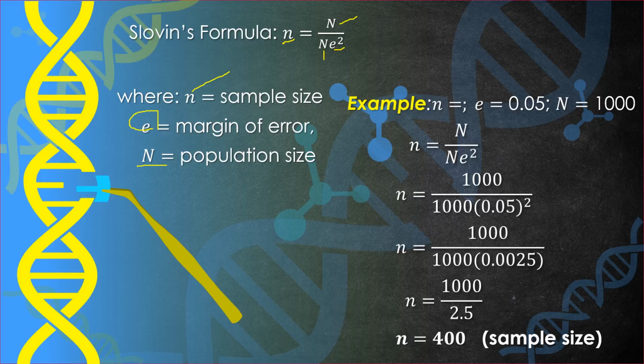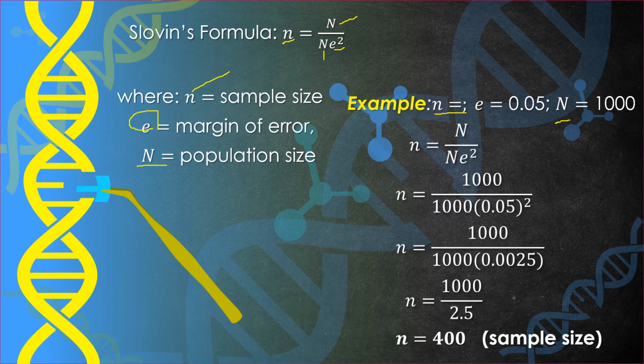So, for example, we have a given already. Lowercase n is unknown. The margin of error is 0.05 or 5%. The population size is 1,000.